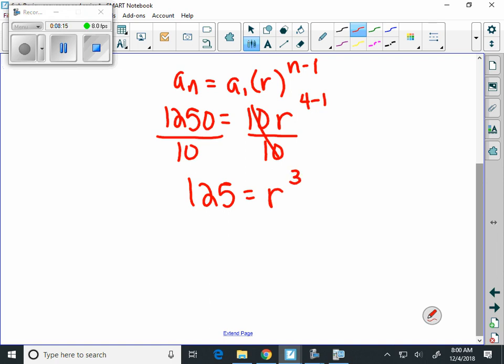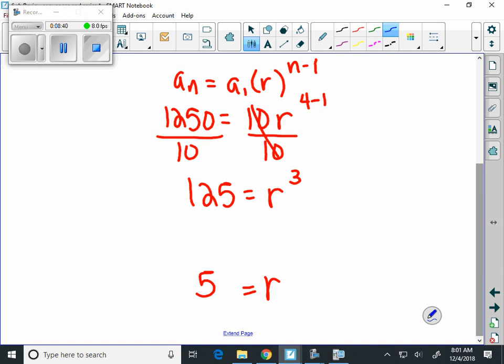And if you think about your quick recalls here, I bet you can do this. Because what number times itself again and again gives us 125? Well, it's r equals 5. I left a little bit of space because some of you need to see a little bit of different work there, but if you remember your quick recall facts, that's that.